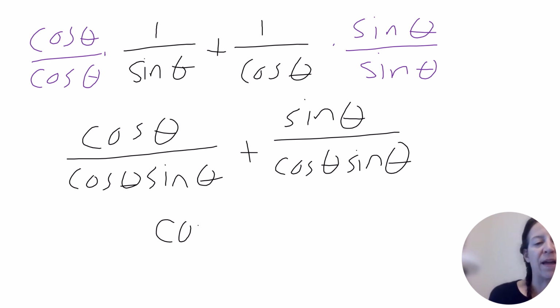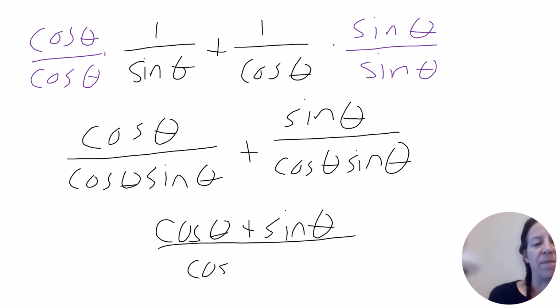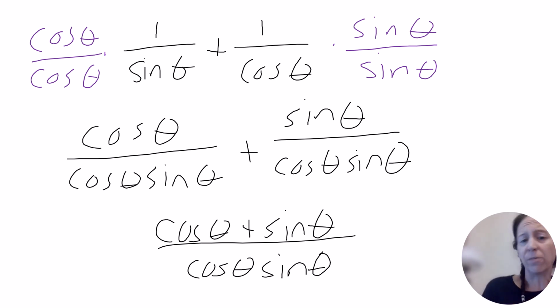So now you could write that as a single fraction. Now, in this case, I don't think I made that any better by doing that, but in a lot of our trig identities, it would make it better. So you would have something that you could cancel out when you did that, but not in this case. But the point of it was to show you how the trigonometry actually works the same as the numerical values.